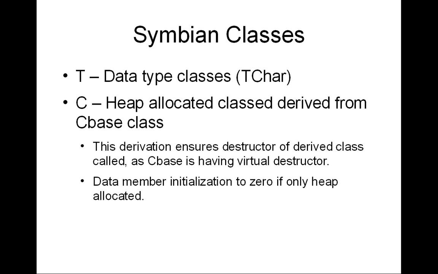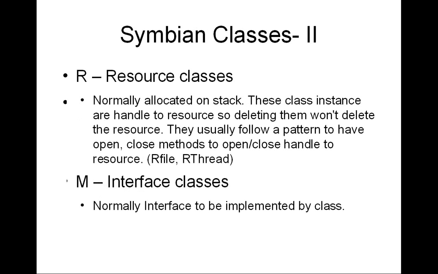We will see the things in detail, but using CBase derivation, it ensures that all data members are initialized to 0 when it's allocated on heap, and at the time of destroying, as CBase has a virtual destructor, the destructors of the derived classes are called. So this is the CBase class.